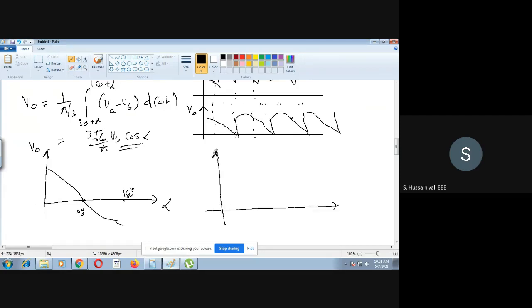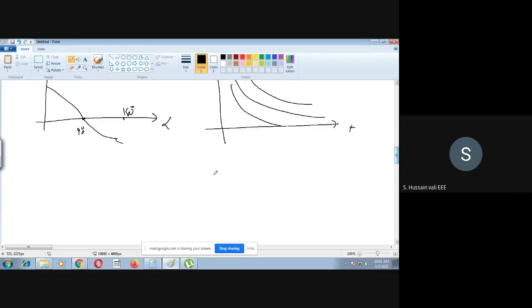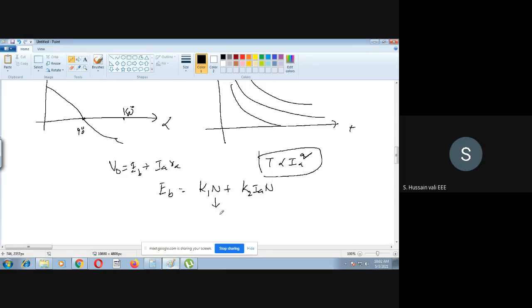What about the speed torque characteristics? Once again, I told you this is a DC series motor. Whatever the derivation is, you must get it like this. Okay, because the derivation you will do here, once again, V naught is equal to EB plus Ia Ra. You have one relationship, torque is proportional to Ia square. This is one relationship you will find. Now, in case of EB, you have K1 N plus K2 Ia N. This is because of the residual magnetism.